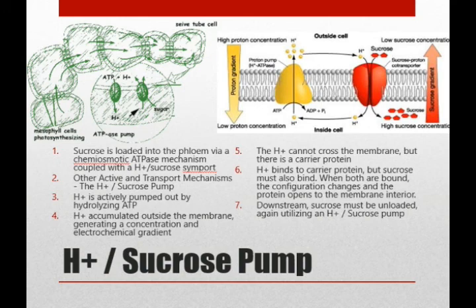H+ is accumulated outside the membrane, generating a concentration and electrochemical gradient. H+ cannot cross the membrane, but there is a carrier protein. H+ binds to the carrier protein, but sucrose must also bind. When both are bound, the configuration changes and the protein opens to the membrane interior. Downstream, sucrose must be unloaded, again utilizing an H+ sucrose pump.